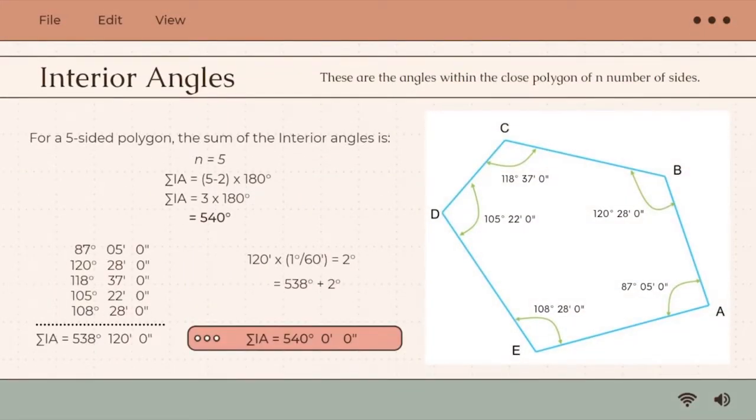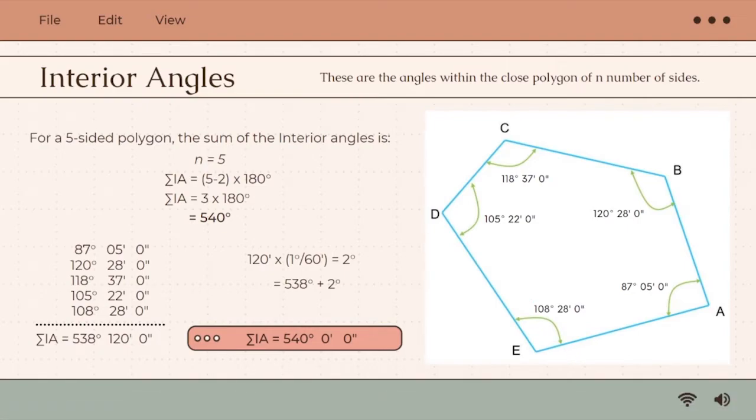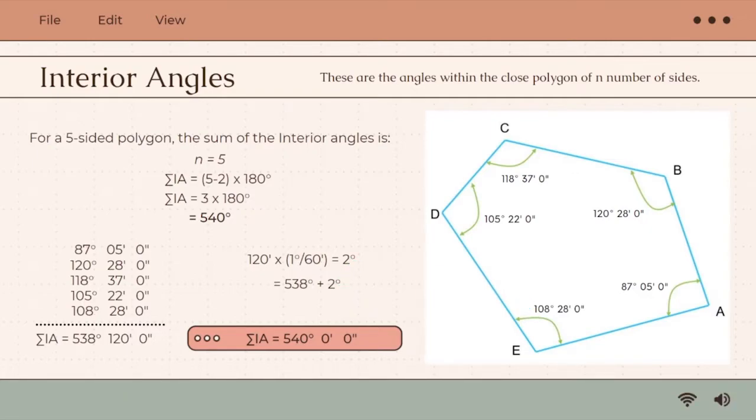Using the same example for a 5-sided polygon along with established interior angles of station A, B, C, D, and E, we can simply use the summation formula with n being 5 to get a total of 540 degrees. But if you want to verify that your work is correct, the total summation of all the angles can also be determined by adding all the individual angles at the different stations, and you will still get a value of 540 degrees.